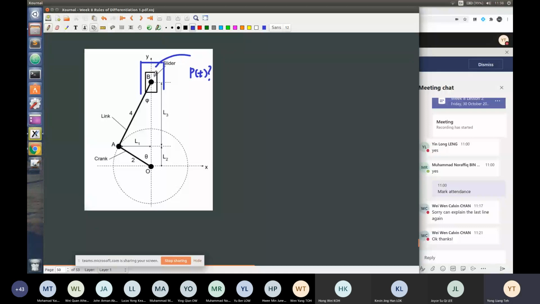The big picture is to understand the power consumption, so that you can work out the efficiency, for example, of such a system. Or else, how are you going to obtain an efficient design of an engine or a refrigeration system? The same refrigeration system is also used in your air conditioning system.